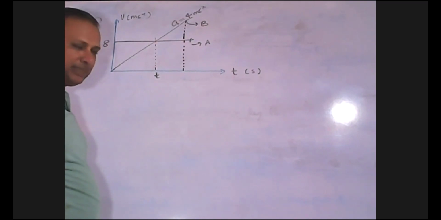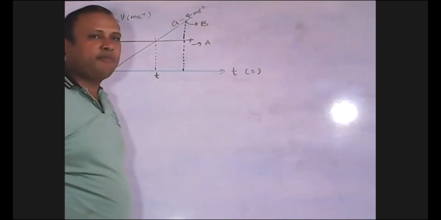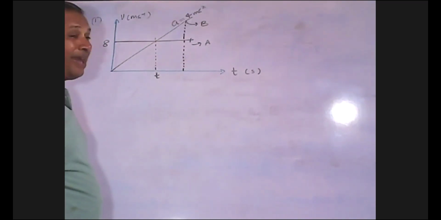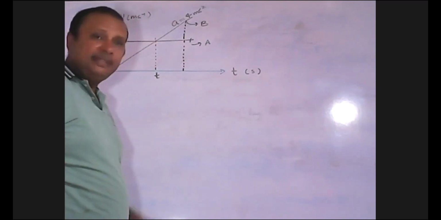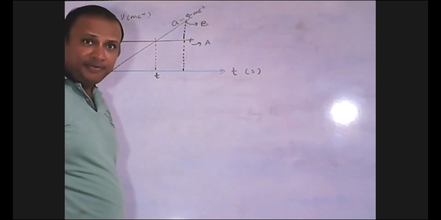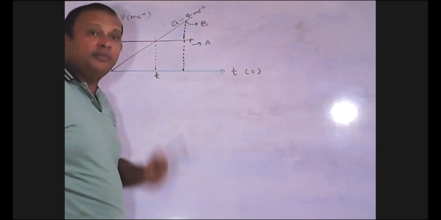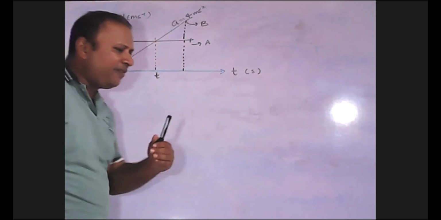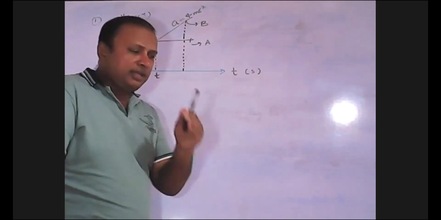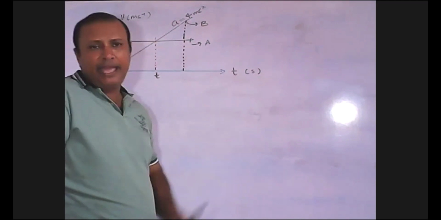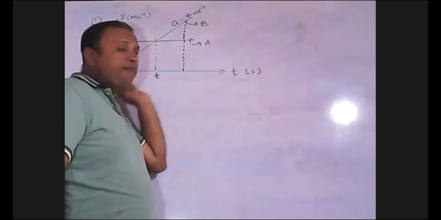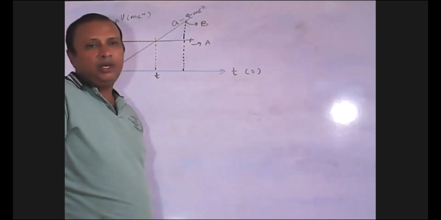The travel distance from the starting point should be equal, because they have started at the same time and from the same starting point. Therefore, when car B passes car A, the travel distance within a particular time period should be equal.